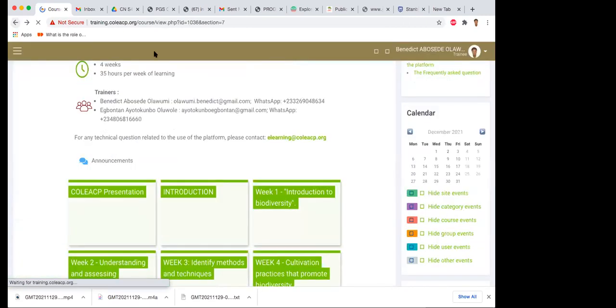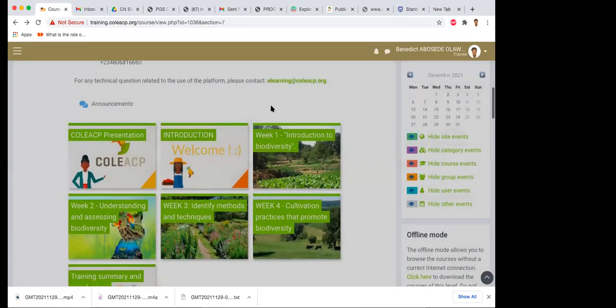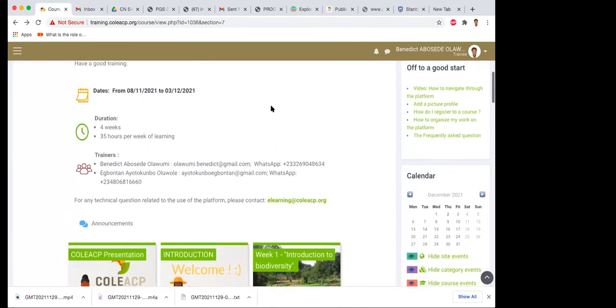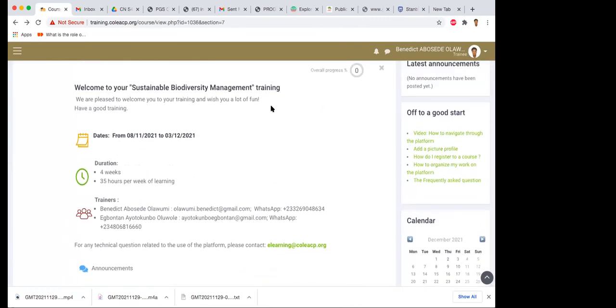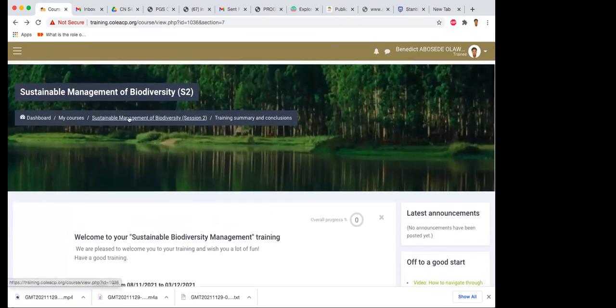So that is what we are expected to do from tomorrow. We are expected to fill this training and evaluation form. And please, it is extremely important. Like I said, without it, you cannot get your certificate.